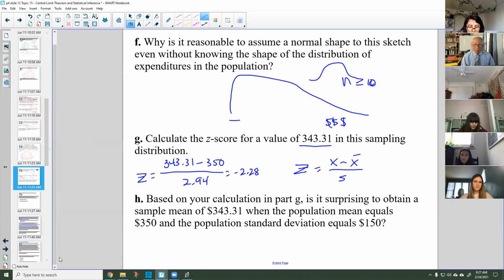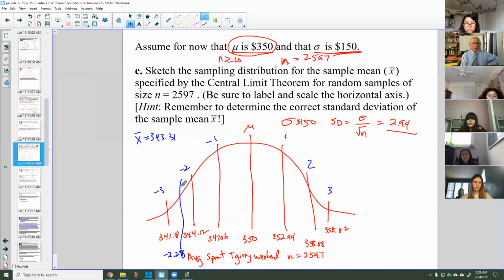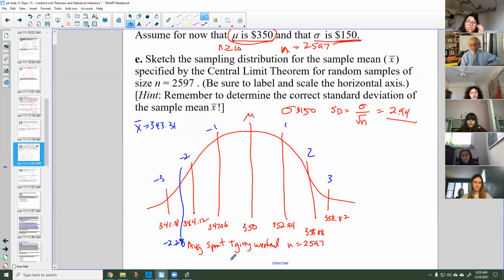So is it surprising to obtain this mean from my sample when the population mean equals 350 and the population standard deviation equals 150? In other words, is this a surprising result? Well, for me to determine that, let me think, how am I going to do that?